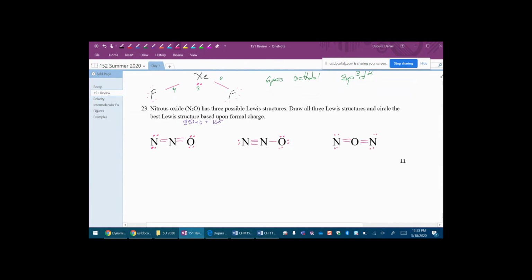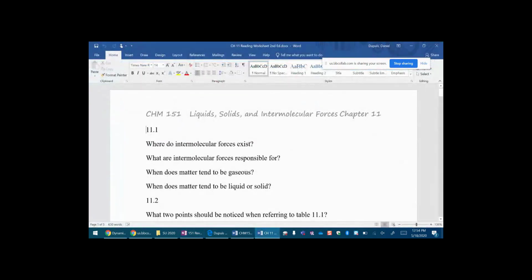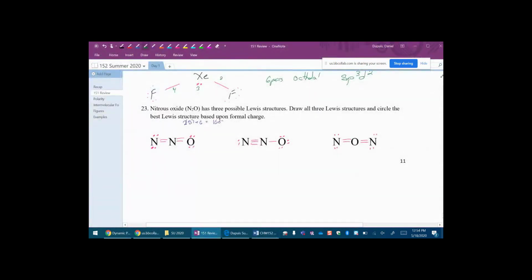All right, so formal charge. If you remember formal charge, it's the charge the atom would have if everything was shared evenly. So each electron in the bond, if there's a 2-electron bond, each atom gets 1 electron. So for nitrogen here, we're going to break this bond.